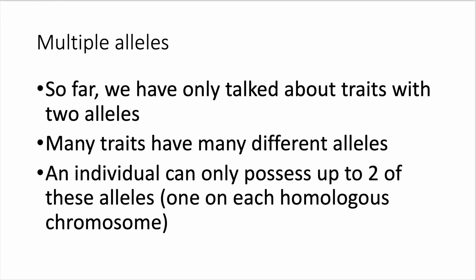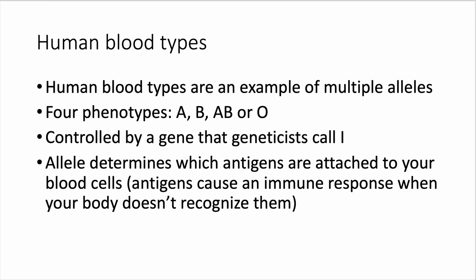So human blood types are an example of having multiple alleles. There are four phenotypes. You can have blood type A, blood type B, AB, or O. And there's pluses and minuses too, which we'll talk about in a second.